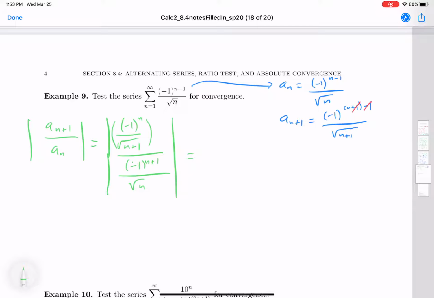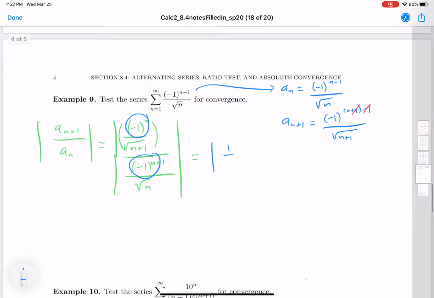And what does that look like? If I'm taking the absolute value of -1 to the n or -1 to the n plus 1, those are just going to turn into a positive 1. And then when I multiply by the reciprocal, it's really 1 over root n plus 1 times square root of n over 1.